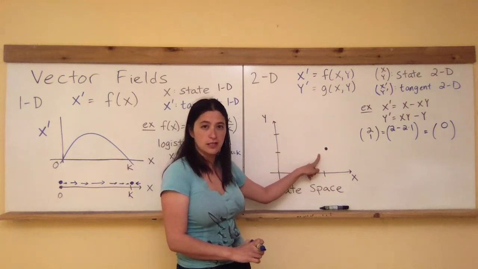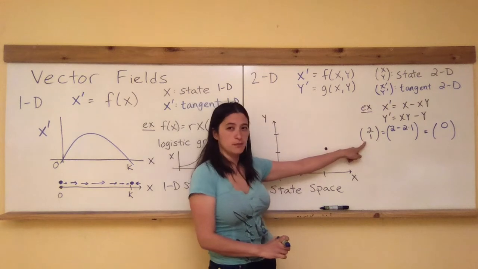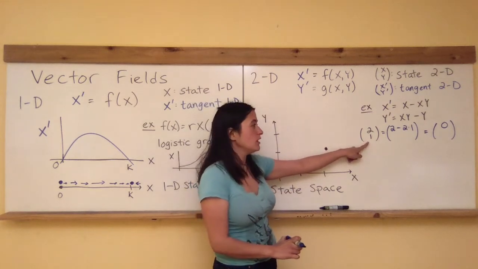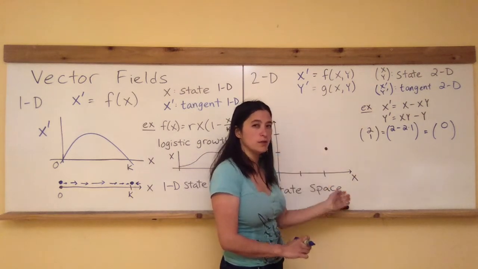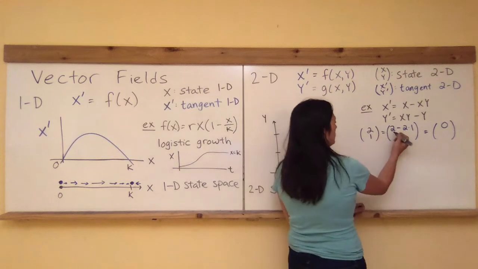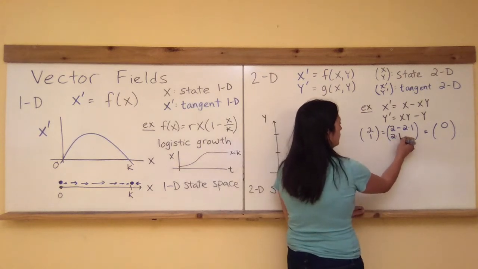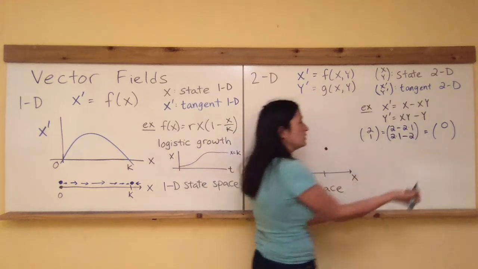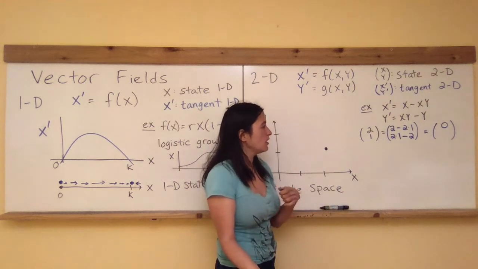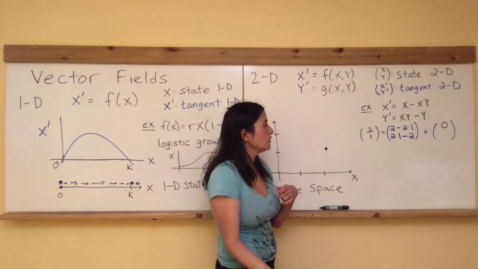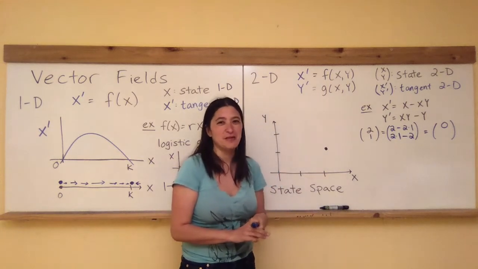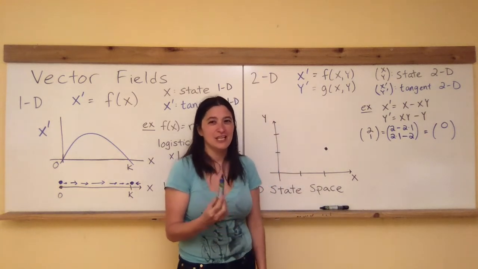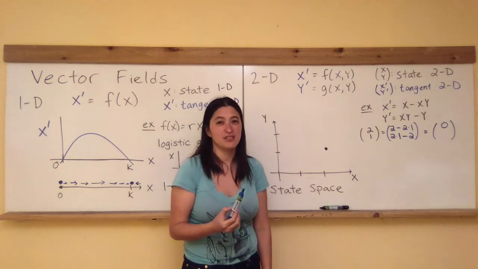Now I'm going to do the same thing for the y prime component on the second line here. Y prime is equal to xy minus y. And so that's going to be 2 times 1 minus 2. So remember, x is 2, y is 1, minus y is 2. And so here I've got 2 times, oh, sorry. Oops, I made a mistake. Probably good to catch it on video because when you start to do this by hand, you're going to have a lot of mistakes. Do this in pencil.